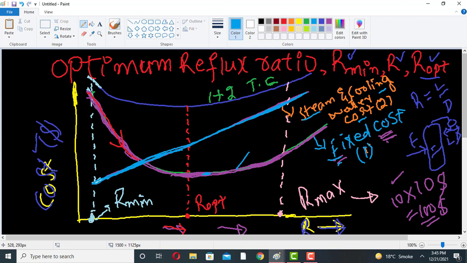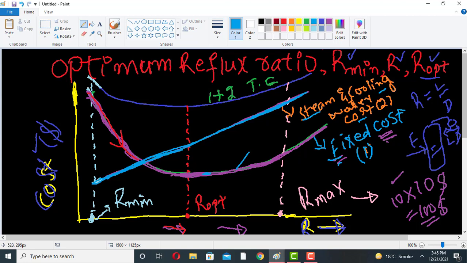When we increase the reflux ratio, we are decreasing the height of the distillation column. As we decrease the height, there will be a minimum number of plates in the column. So in order to obtain the distillate and bottom product having the required purity, with a specific concentration of a specific component, we will use a large condenser and a large reboiler.